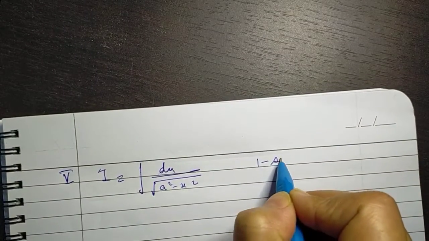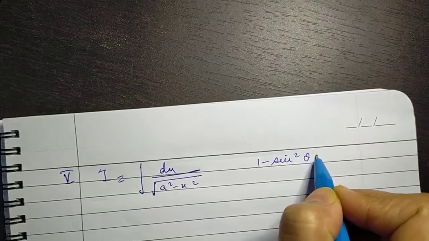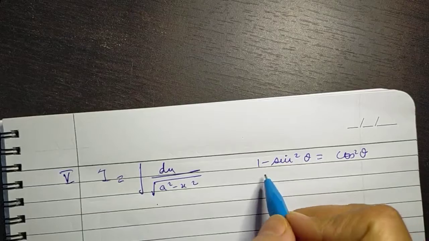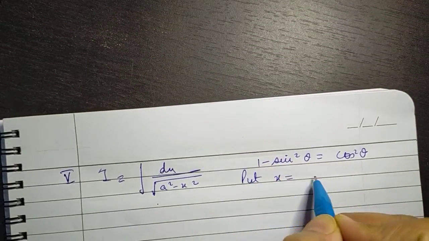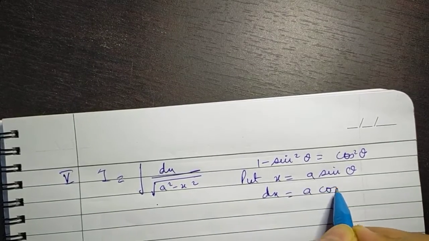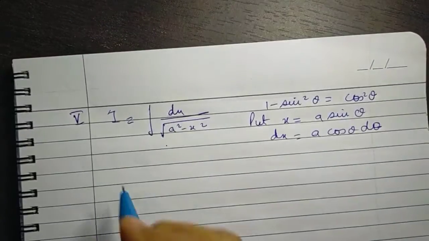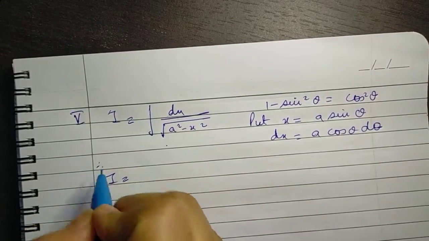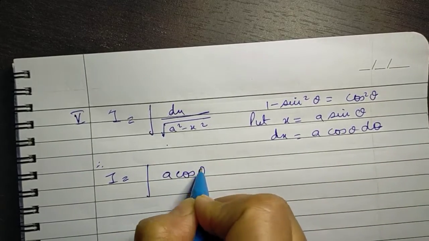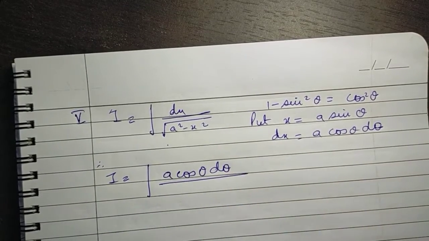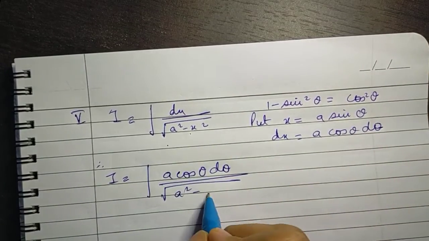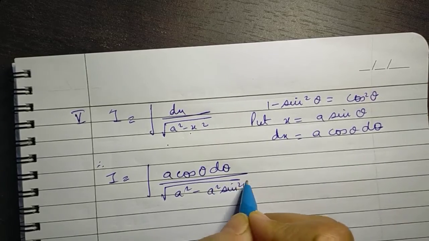Again we know that 1 minus sine squared theta is equal to cos squared theta. Here it is a squared minus x squared, and so we put x equal to a sine theta, we get dx equal to a cos theta d theta. So substituting, I is equal to, in place of dx we'll write a cos theta d theta, whole upon square root of a squared minus, in place of x we'll write a sine theta, so a squared sine squared theta.